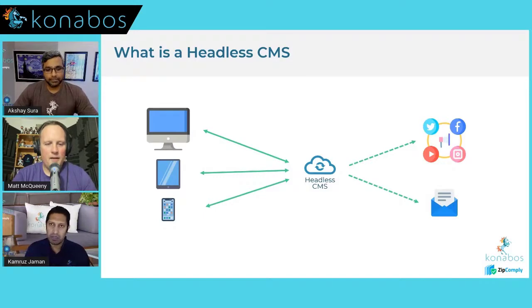Things like Jekyll would run off Markdown, so it would be files which were formatted in a specific way, and then the code knew how to read those files and generate the end web page.